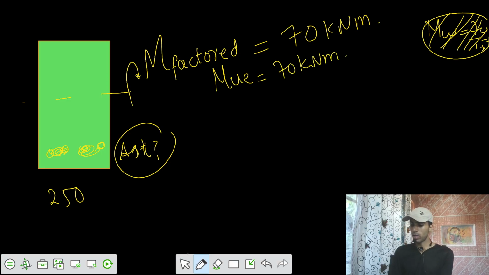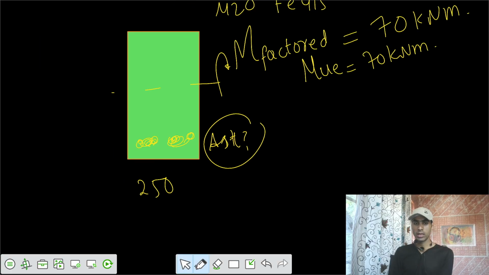Now, the material is M20 and steel is Fe415. It is directly saying that the effective depth is 415. It does not give the data of the effective cover. We don't care about effective cover.